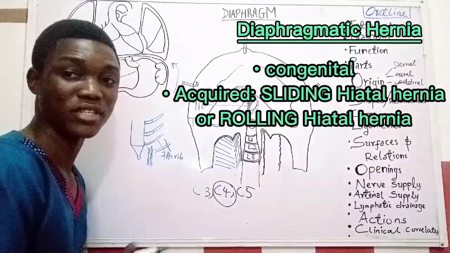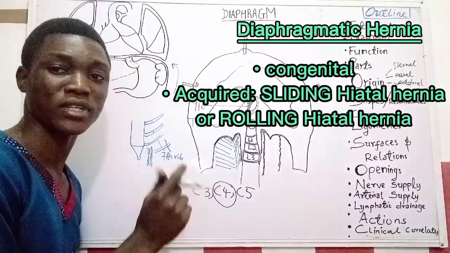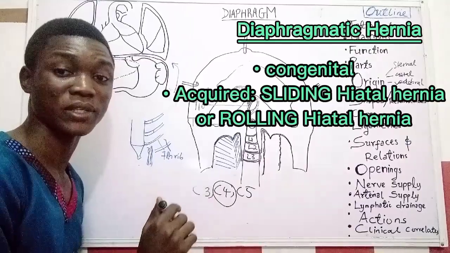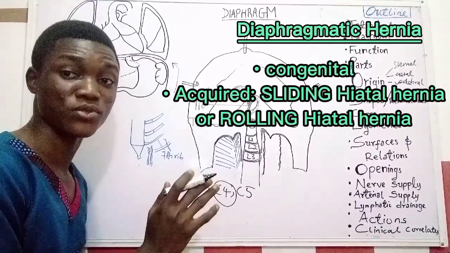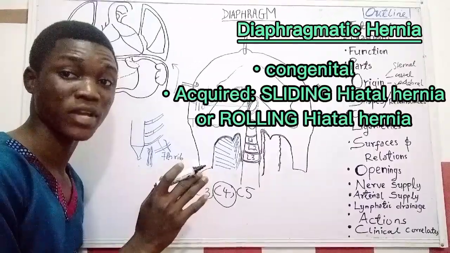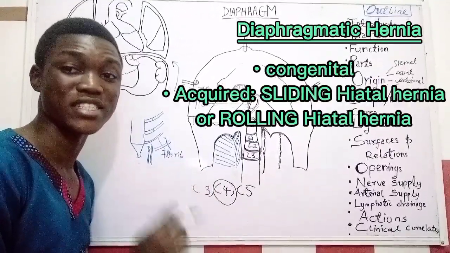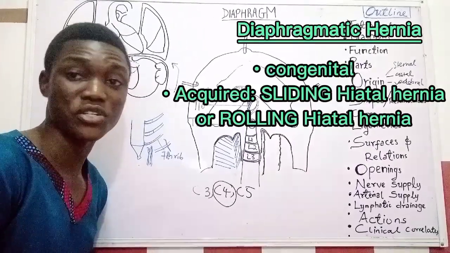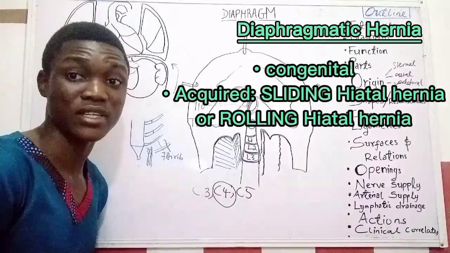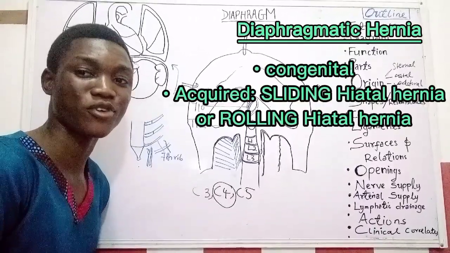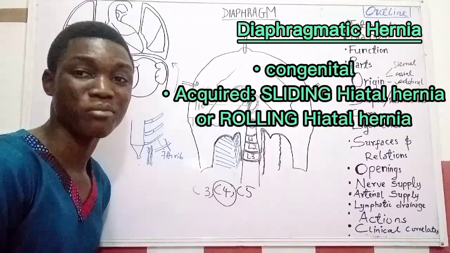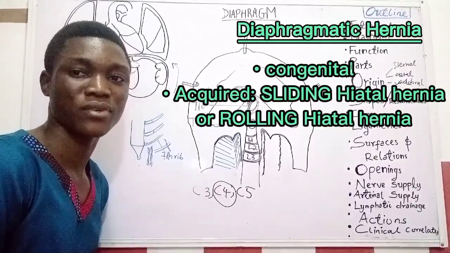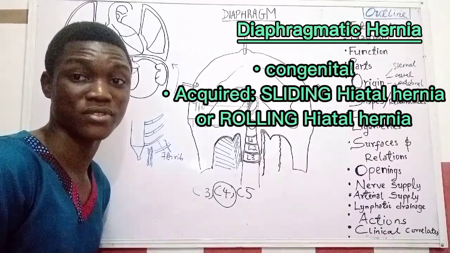For the hiatal hernia, what happens is that the gastroesophageal junction is seen forcing itself through the hiatus, through the esophageal hiatus, and of course this can result in a condition known as GERD, gastroesophageal reflux disease. Gastroesophageal reflux disease, if not corrected, can further progress, undergo metaplasia, and lead to Barrett's esophagus.